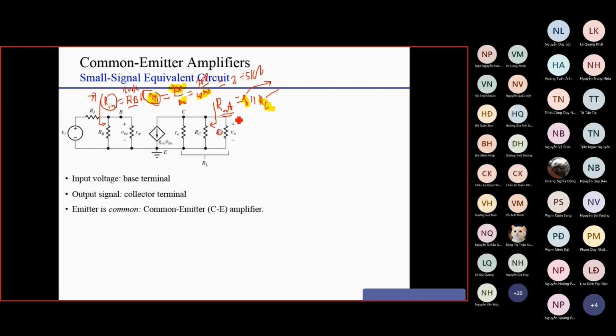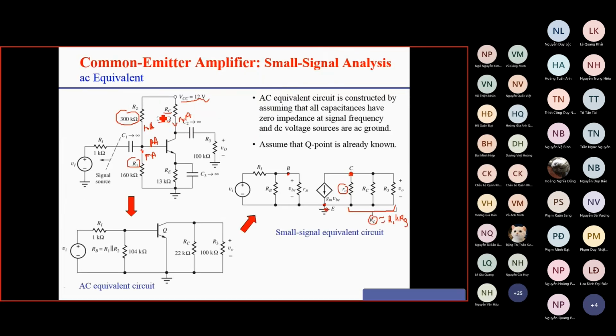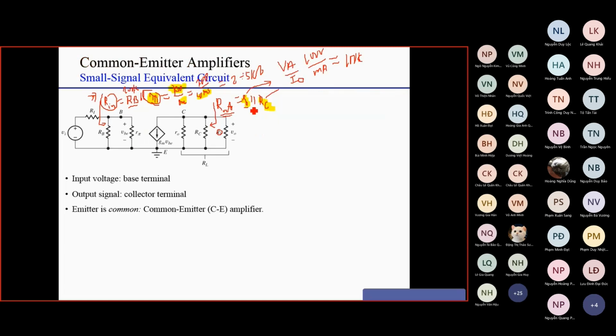How about the output resistance? The output resistance is R0 in parallel with RC. Okay, so R0 here is VA over IC. Don't forget that R0 is VA over IC. So VA is in the order of 100 volt. IC here is in the order of milliampere. So that means R0 is in the order of 100 kilo ohm. And RC you can see here is quite a bit smaller than R0.